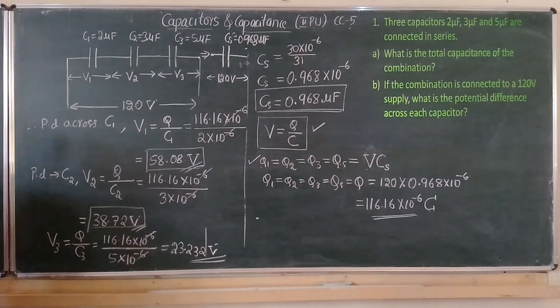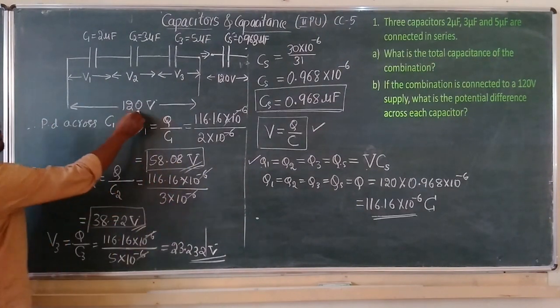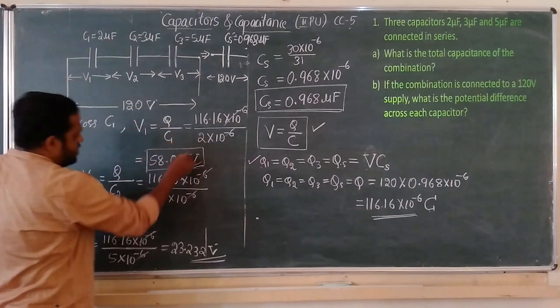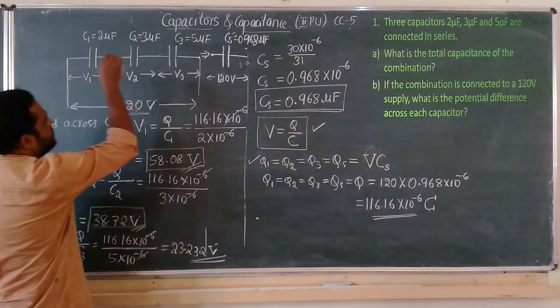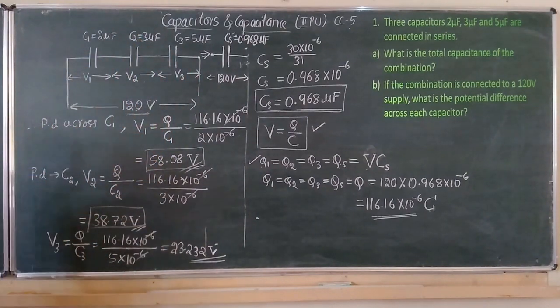Now if you add these three values, you will get 120 volt, because 120 volt is equal to V1 plus V2 plus V3.